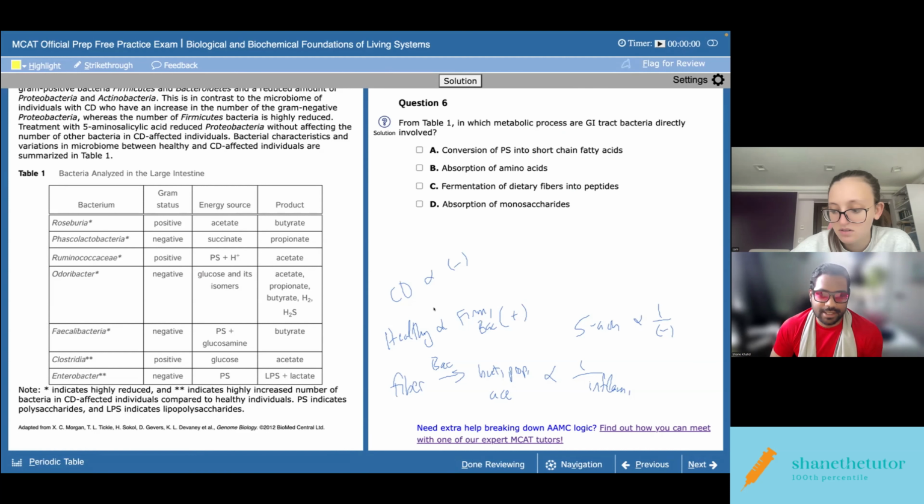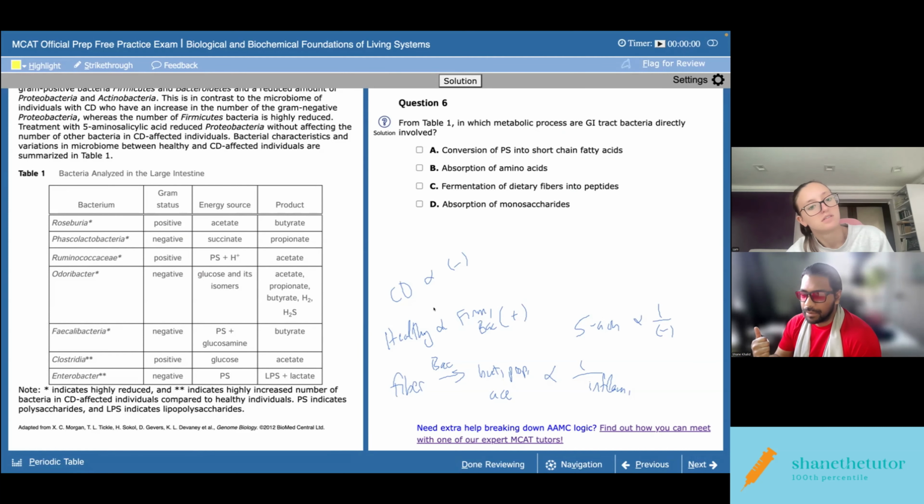Second one, succinate turn into propionate. And we know from the passage that if you break down fiber using the bacteria, you'll turn it into butyrate, propionate, or acetate. We see that for the product for the first two. The third one has PS, polysaccharides, as an energy source, and it still produces acetate.